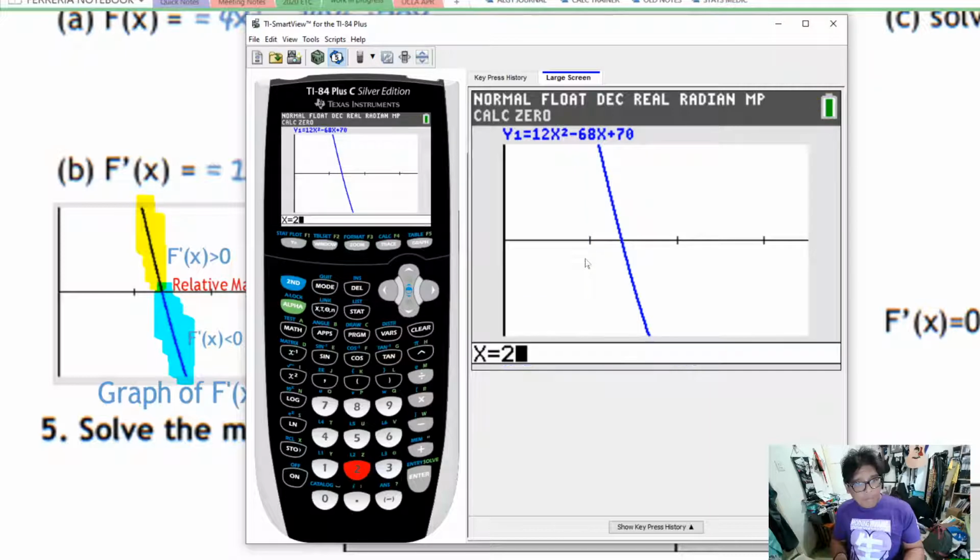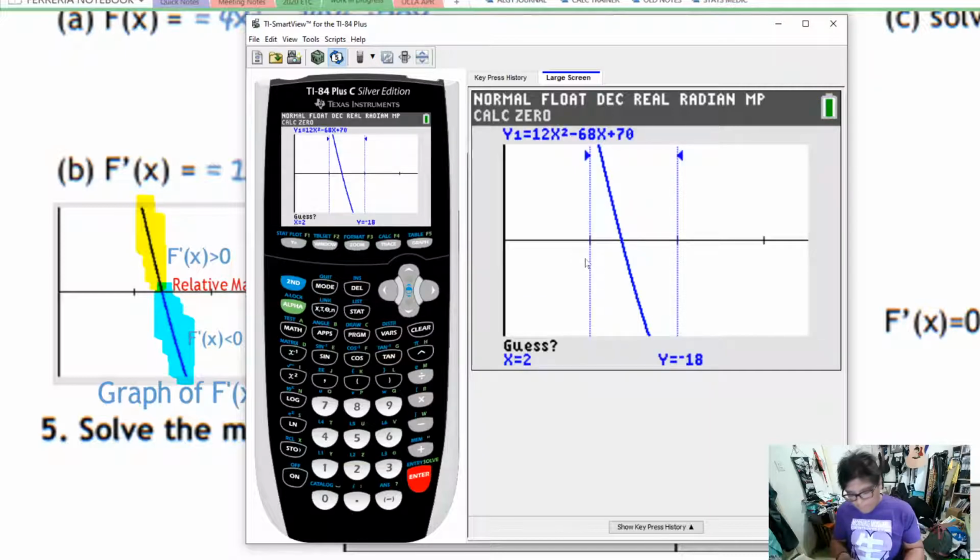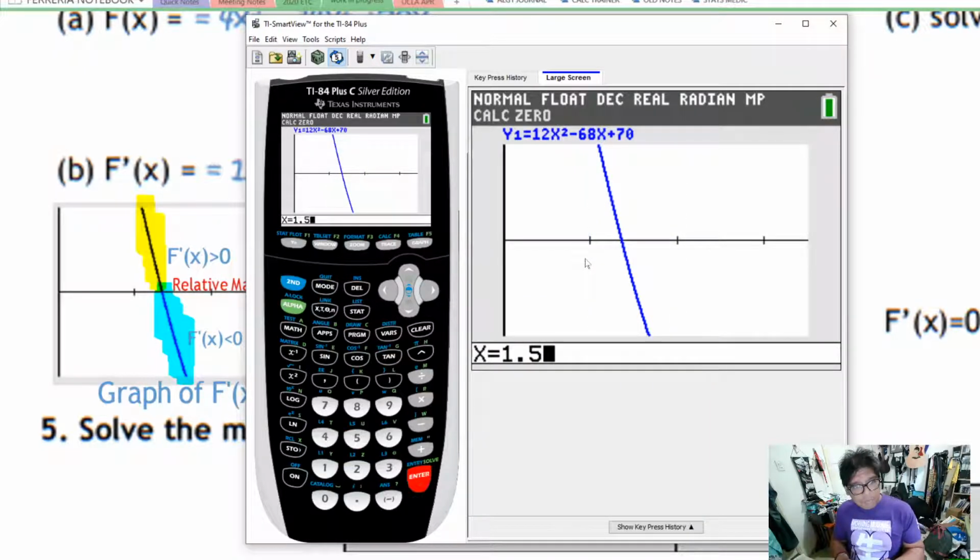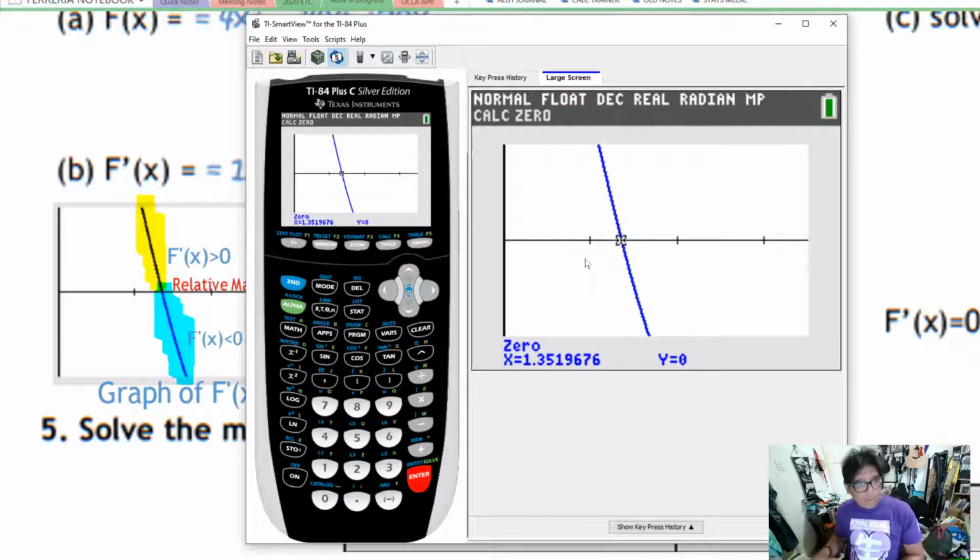Right bound, I'll make that 2. Make my guess at 1.5. And that gives me 1.35196. Okay, so that's going to be my critical point.